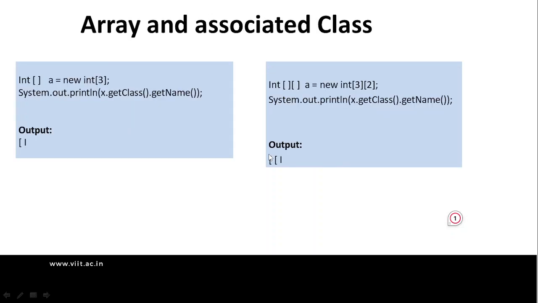Next is array and associated class. We can have a declaration like integer array a equal to new integer of 3 elements, and you can print System.out.println x.getClass().getName(). So we will print this declared array and array.getClass().getName().